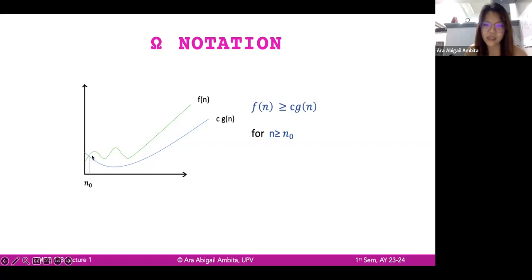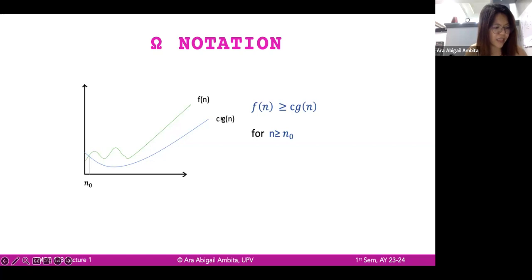So why is this the case? For example, before the n naught, we can see that f of n even performs better compared to g of n. But after some input size n naught, we can already see how f of n grows as fast as cg of n.